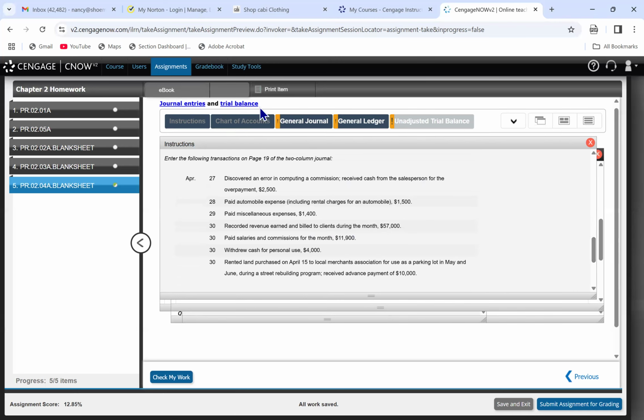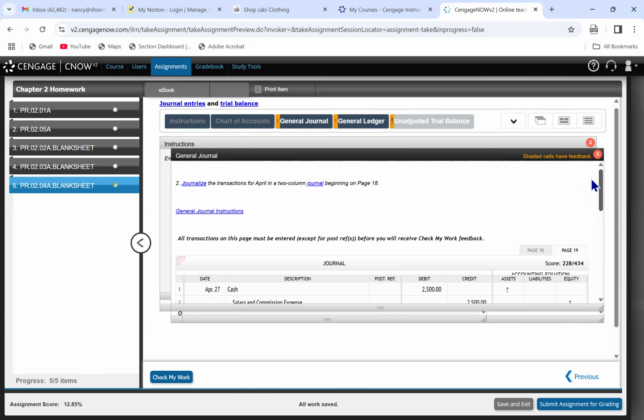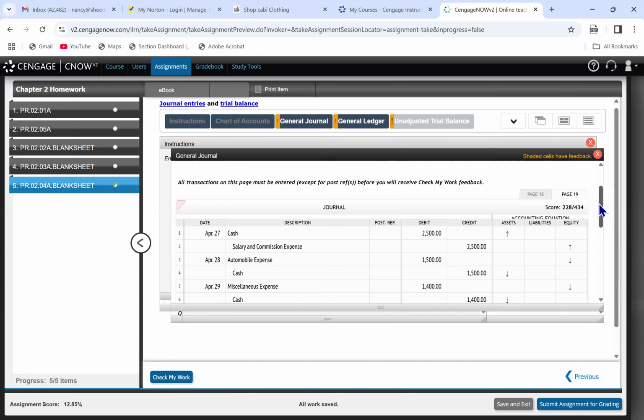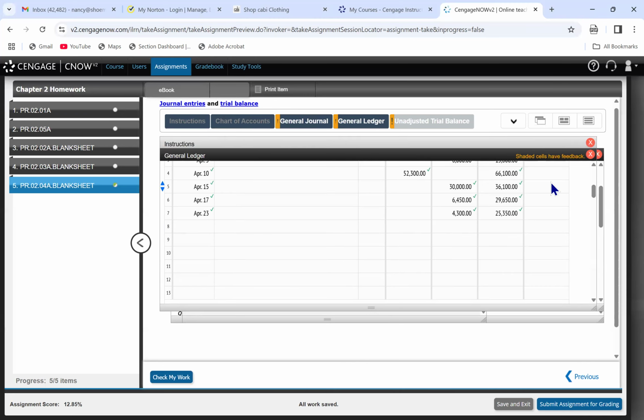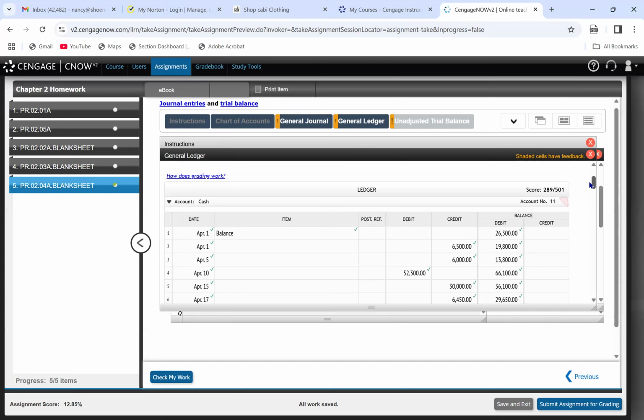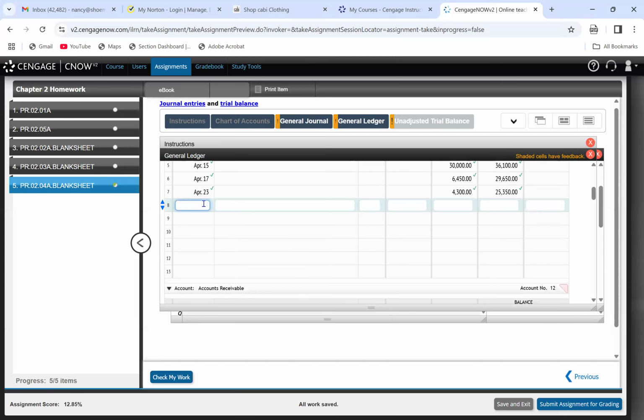So I will go back on this page. I should have probably prepared journal entries for them all, posted them all, but I didn't. So on April 27th, we're going to debit our cash of 2,500. And this increases this amount to 27,850.